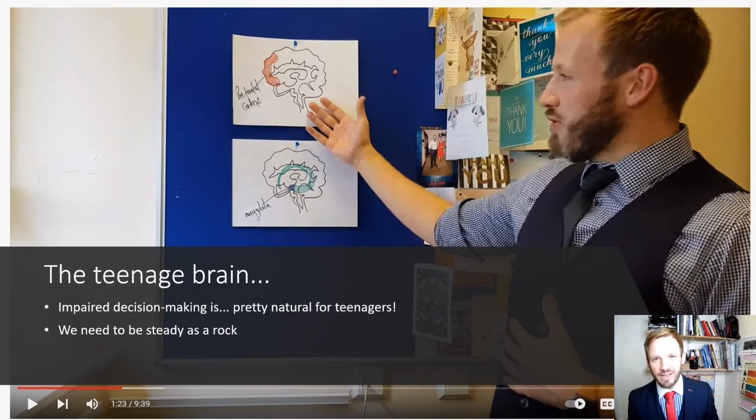We also know that teenagers are massive risk takers. They're very, very poor at evaluating a risk, and so can make really awful and dangerous decisions. As well as being emotional and risk takers, they are big on short-term gratification. So they want to do things that are going to make them feel good in that moment and think less about the long-term picture.